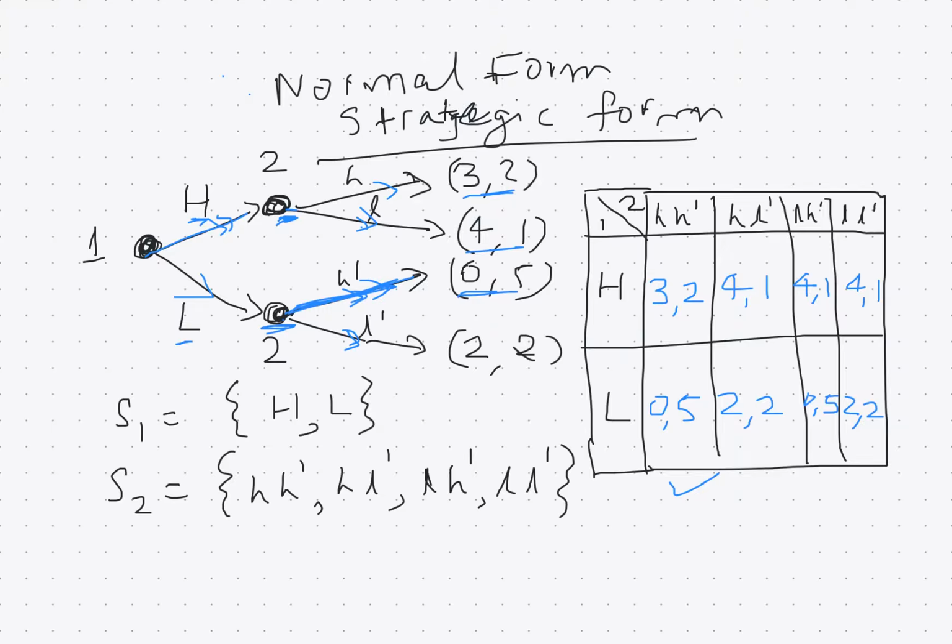So let's take another example to make sure that you understand how to convert an extensive form game into a normal form game. So let's go back to the other example that we had.